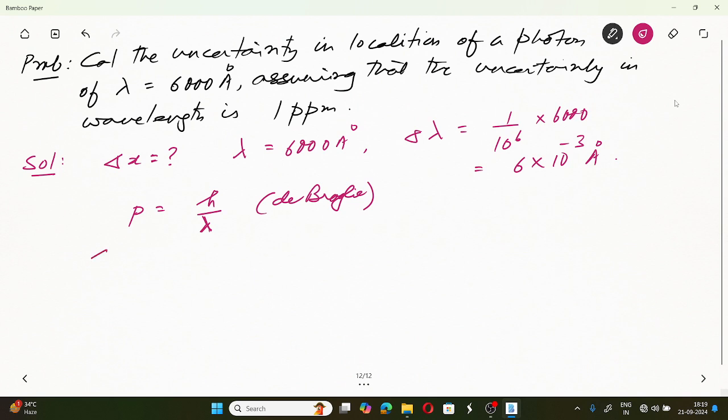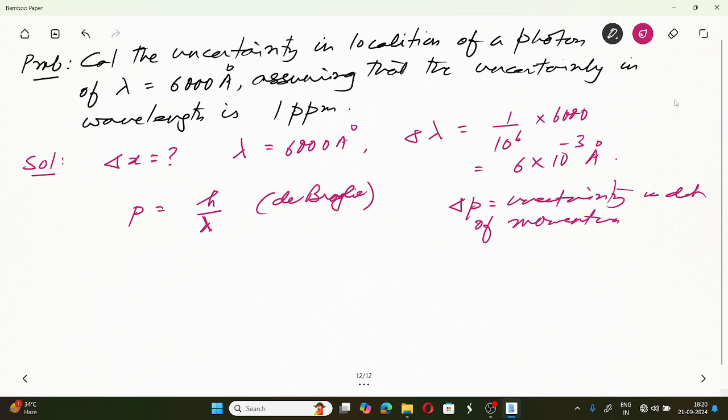So we can say delta P is the uncertainty in the determination of momentum.